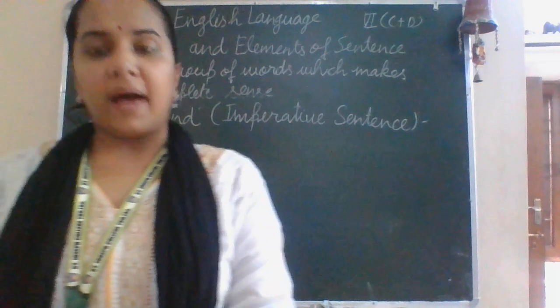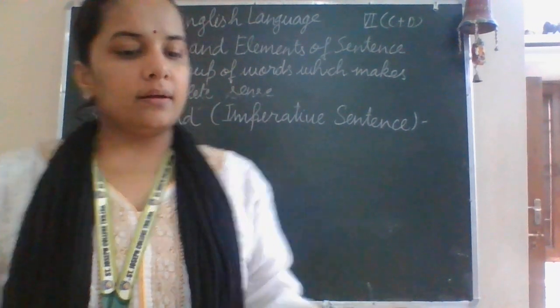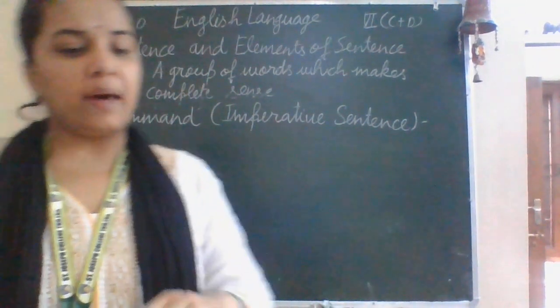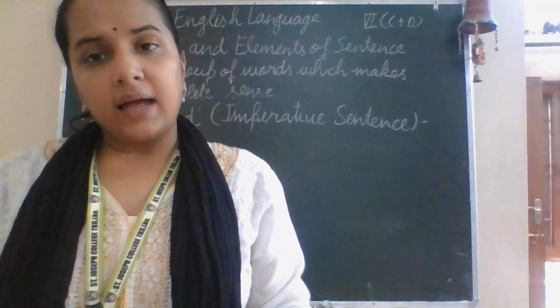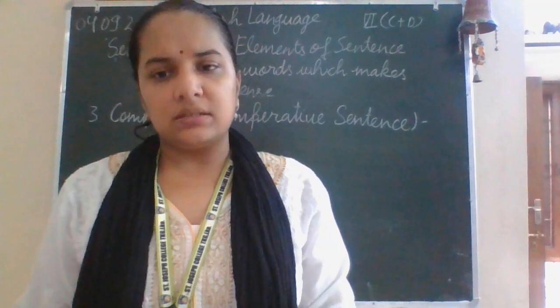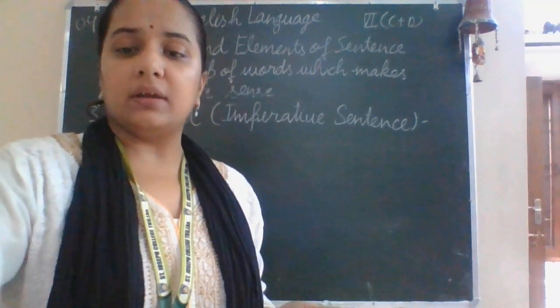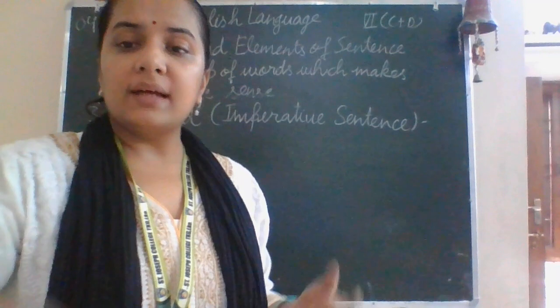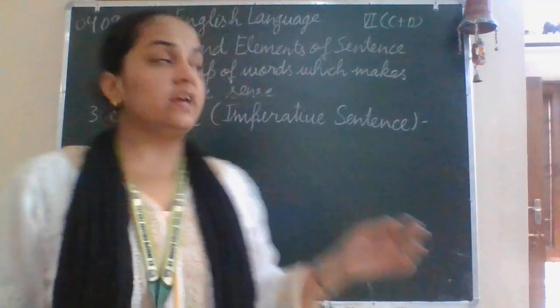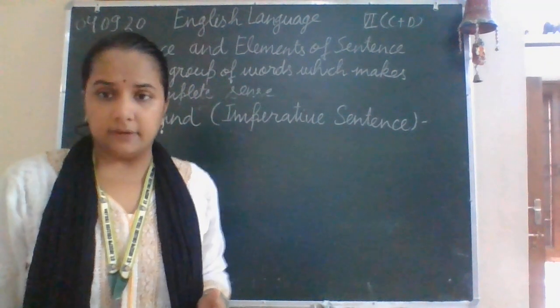What is an imperative sentence? As it is suggested by the name, it is any sentence in which an instruction or a command is given. You must understand the difference between a statement and a command.